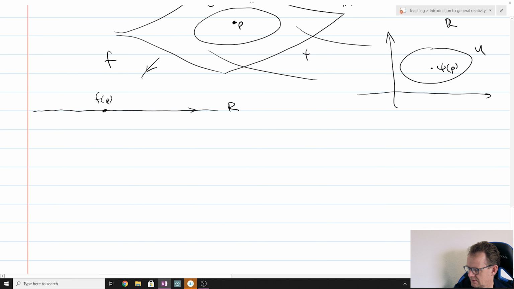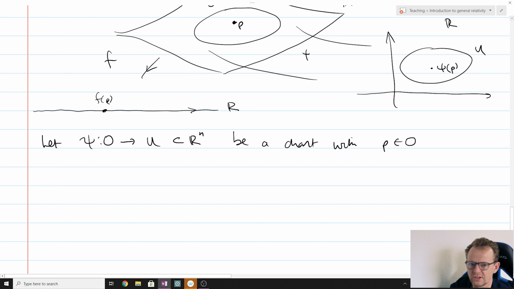Let's declare what these objects are first of all before we move on. Let psi be a map from O, a subset of our manifold, onto Rn, one-to-one, onto, a chart with the point that we care about actually in it. No point choosing a chart where the point's not in it. Now, if f is a nice smooth function on M, then the first thing we can say is that the function f composed with psi inverse, right?